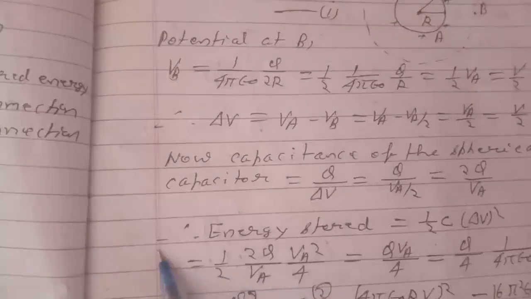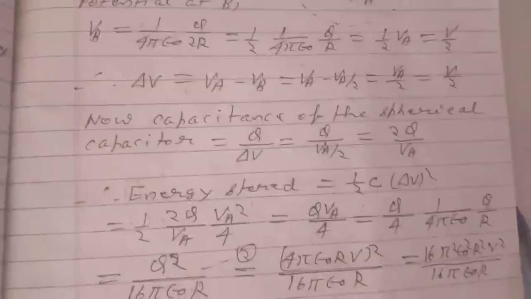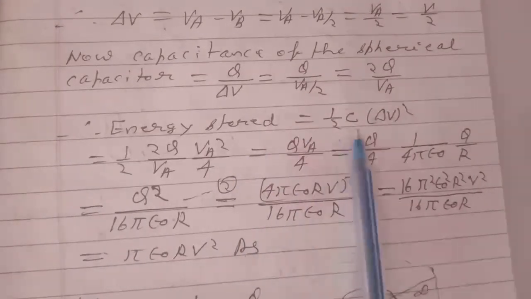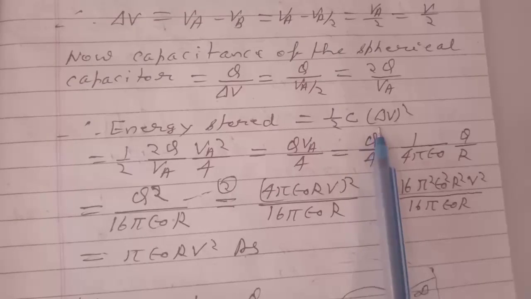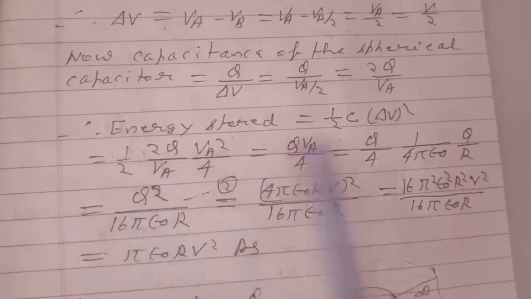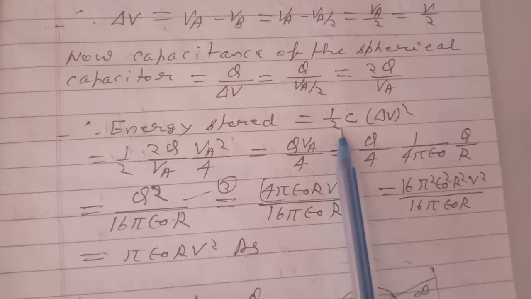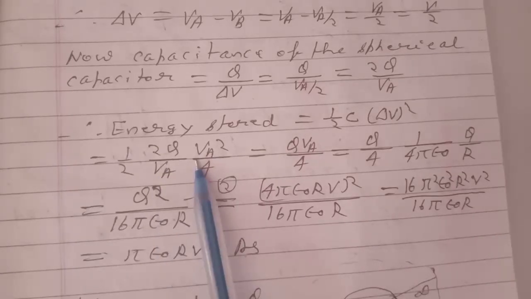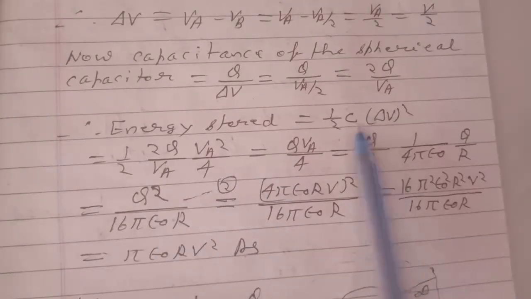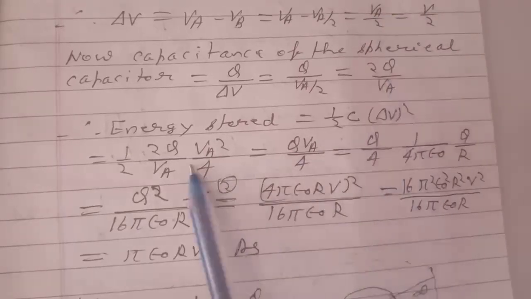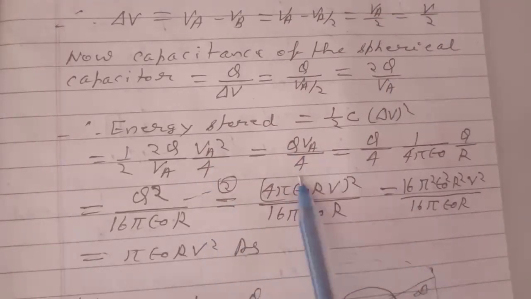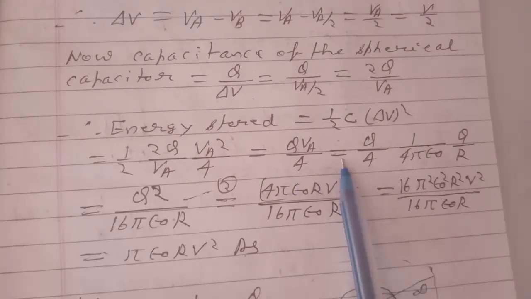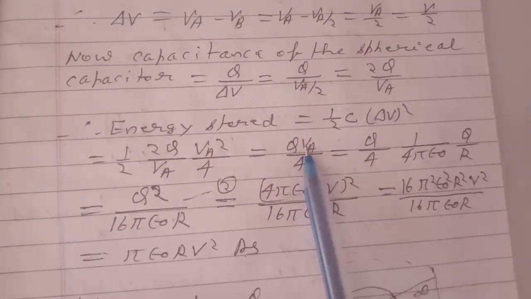Hence the energy stored will be 1 by 2 C delta V square, or 1 by 2 into 2Q by VA into delta V square, where delta V is VA by 2, so VA square by 4, solving to Q VA by 4.